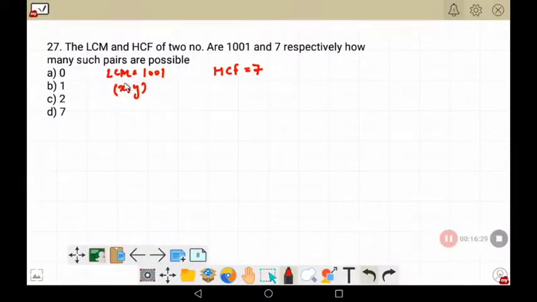Got it? X and y numbers, x comma y is a possible pair. Yes, let x and y be a possible pair.